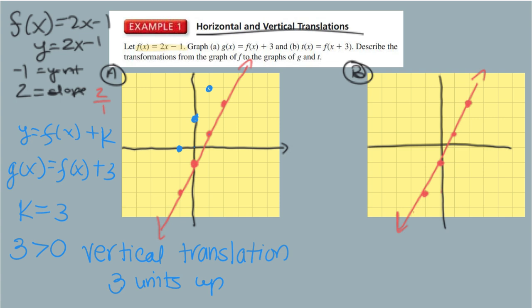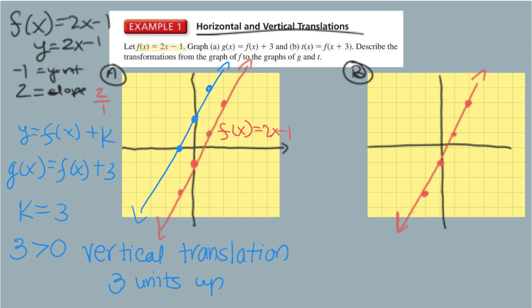That looks very lopsided. Okay. There we go. So we know that, which one was our parent? We know that this one was which one? f of x equals 2x minus 1. We were given that.